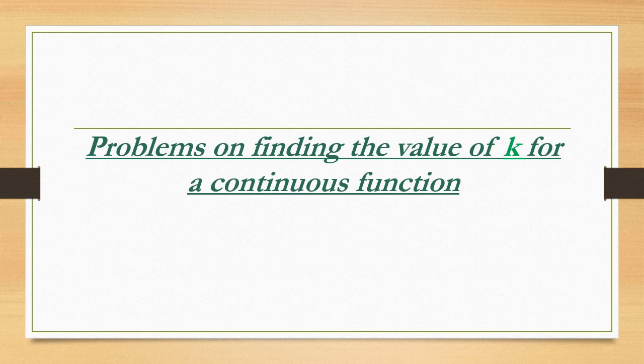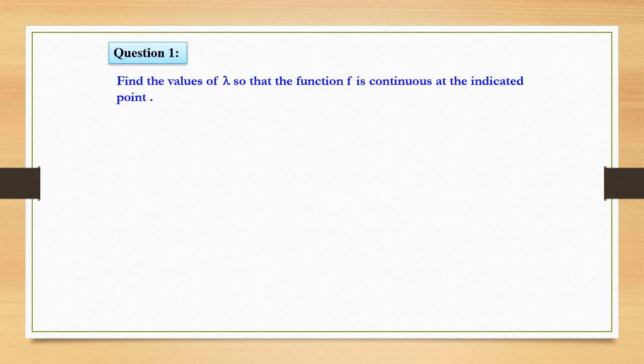So the next concept in continuity is finding the value of k when a function is continuous. So first example, find the values of lambda so that the function f is continuous at the indicated point. In such kind of examples, we need to first calculate the value of the given function at the point. Then we need to calculate the LHL and RHL.